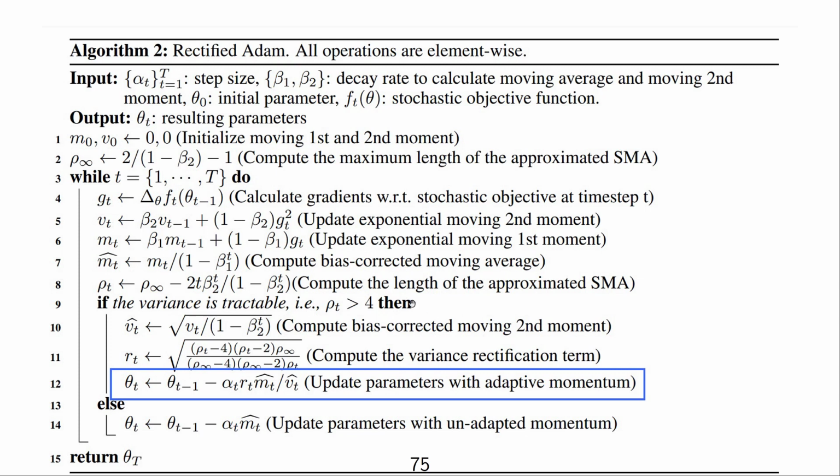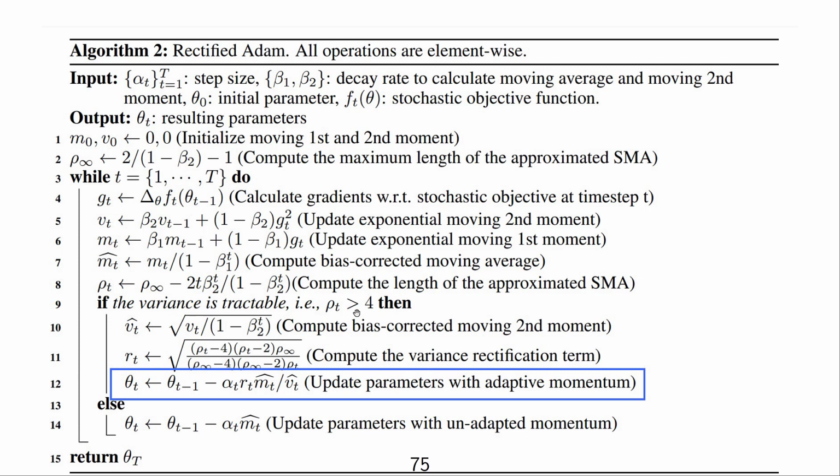But in the beginning, when this is not yet the case, then you will resort to an update step where there's no adaptive learning rate, simply the first momentum and the learning rate. But what's computed here with the second moment, this only happens after a while when this is the case.